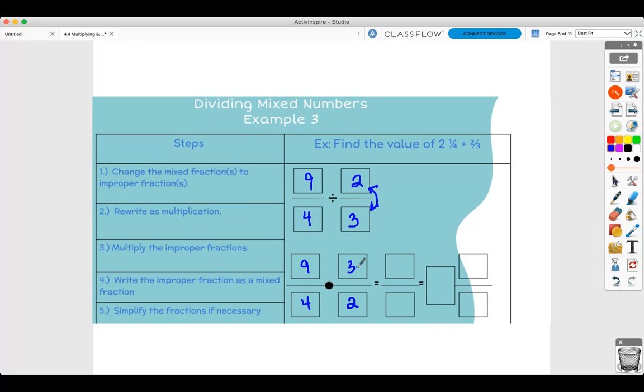So you're going to end up having 9 times 3 is 27. 4 times 2 is 8. And then 27 divided by 8. 8 goes into 27 3 times. Remainder 3. So it's going to be 3 whole with 3 remaining as a numerator, and your denominator stays the same as 8.